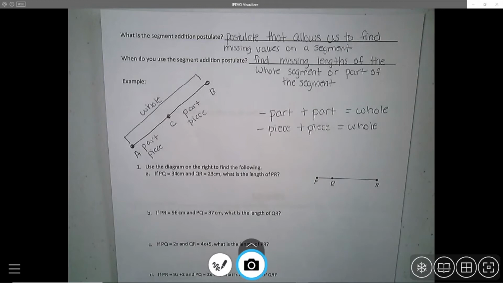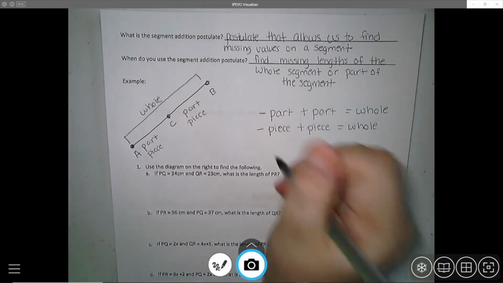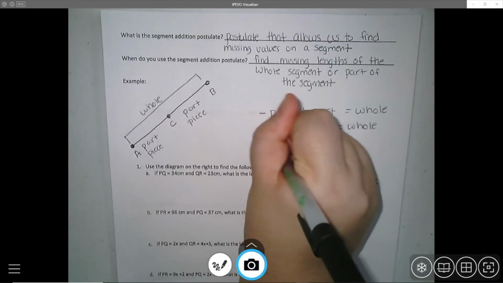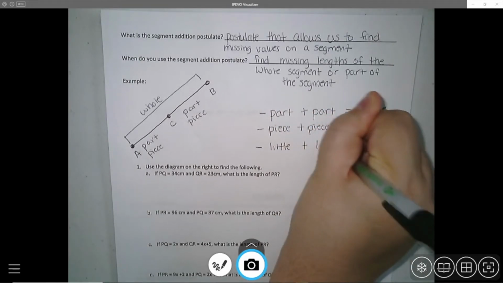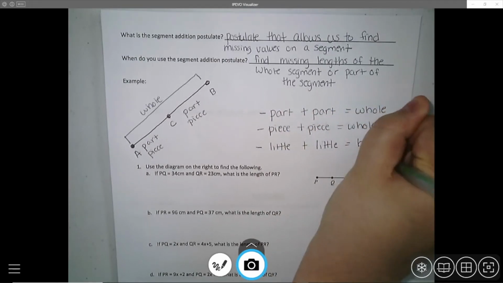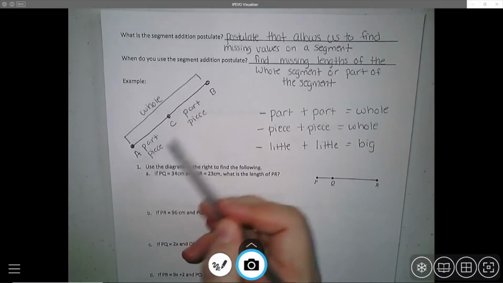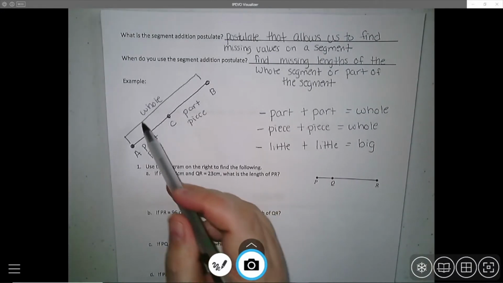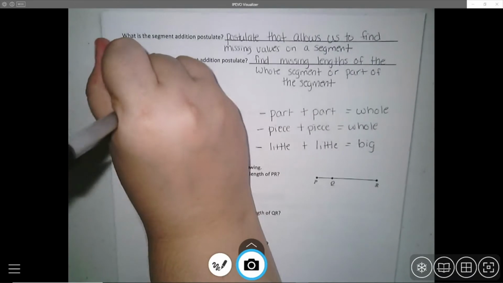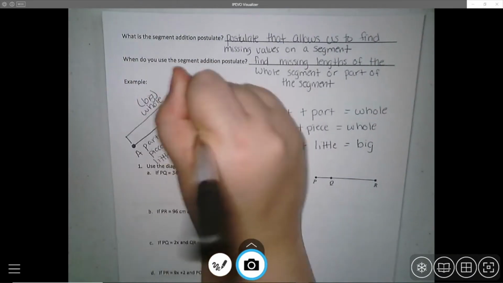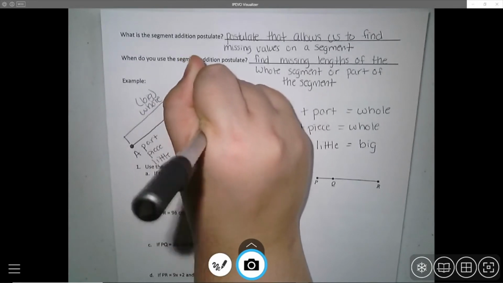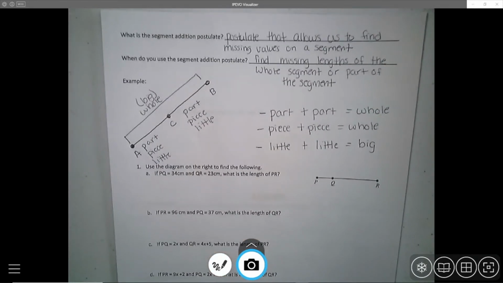And a third and final way that we can denote this is little plus little equals big. These parts are the little pieces of it, and this big one is the whole thing. Whichever way you remember segment addition is fine.